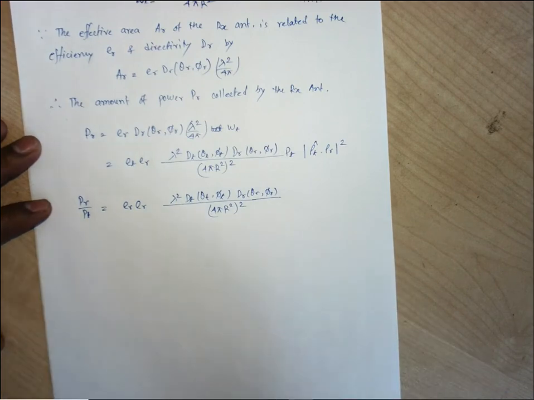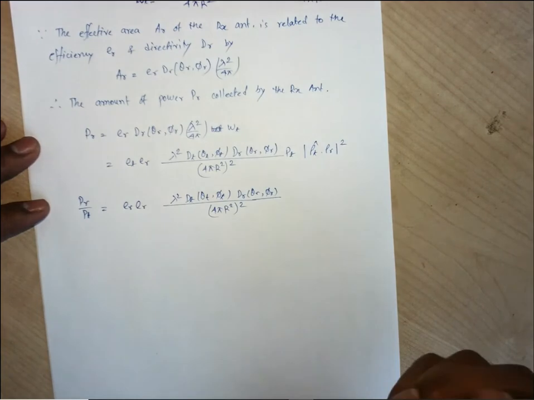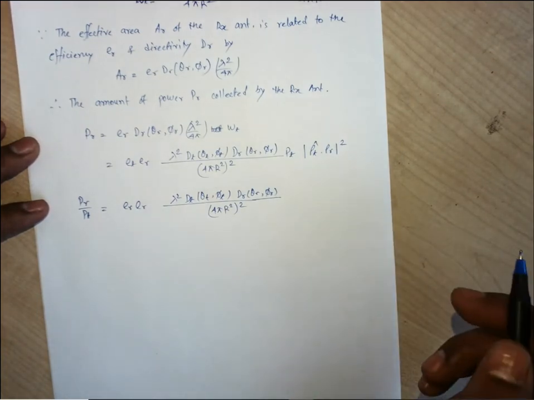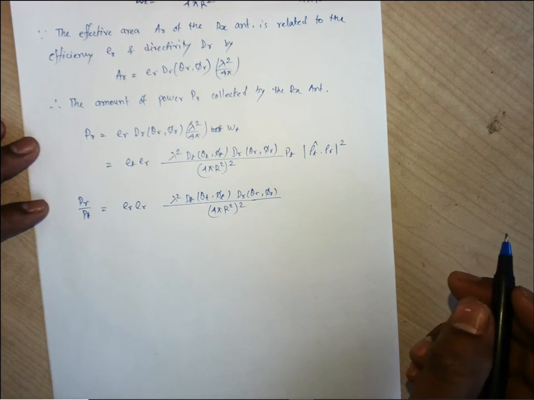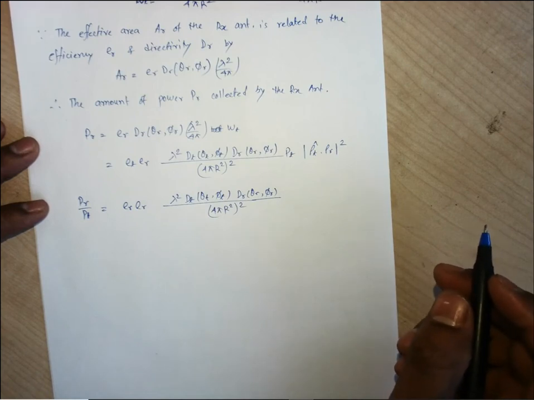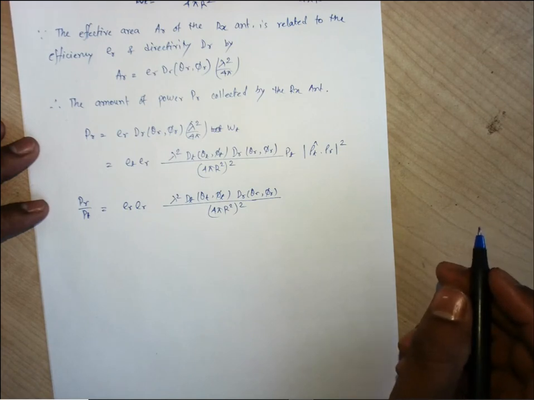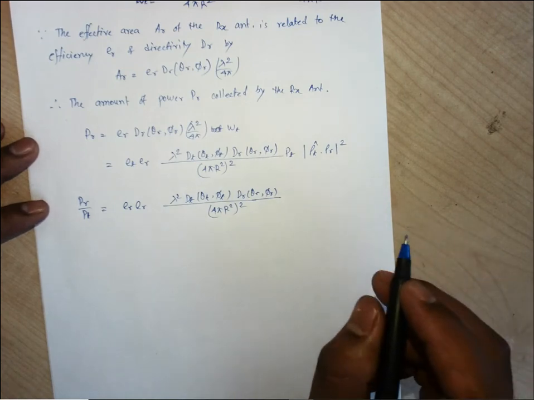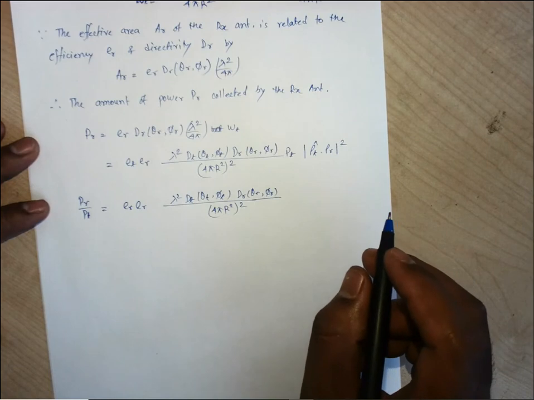So the power received based on this equation assumes that the transmitter and receiving antennas are matched to their respective lines or loads, and the polarization of the receiving antenna is the same as the polarization of the transmitting antenna, or we can say the polarization of the receiving antenna is polarization matched to the impinging wave.